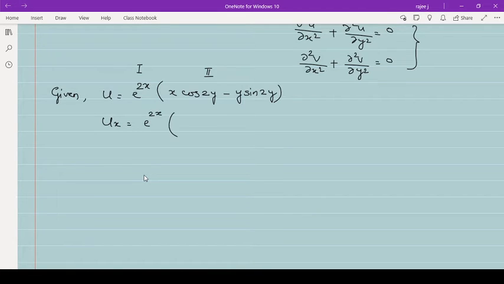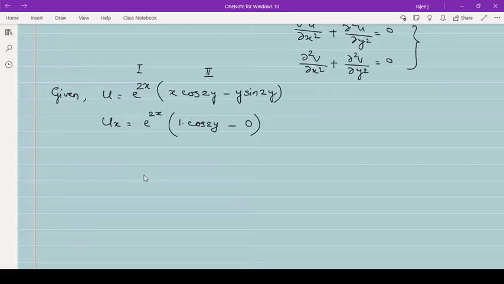First function into derivative of second. The derivative of the second means the derivative of x cos 2y minus y sin 2y with respect to x. When we differentiate with respect to x, cos 2y is a constant, so you will get cos 2y into the derivative of x, which is 1, minus the derivative of y sin 2y with respect to x, which is 0.